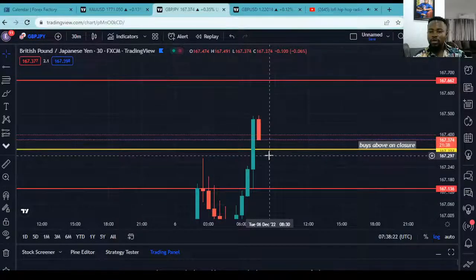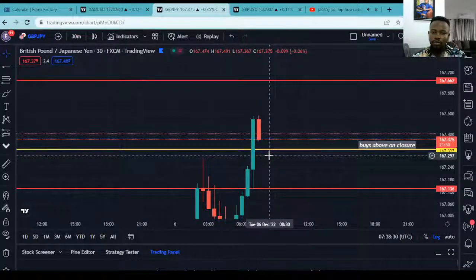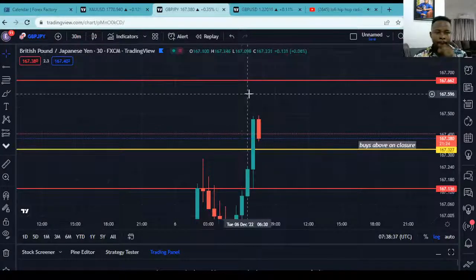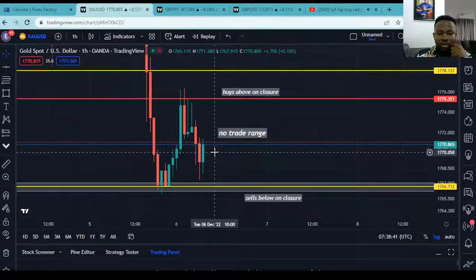We have about 30 minutes to London Open. Gold is still ranging here, nothing on gold yet.